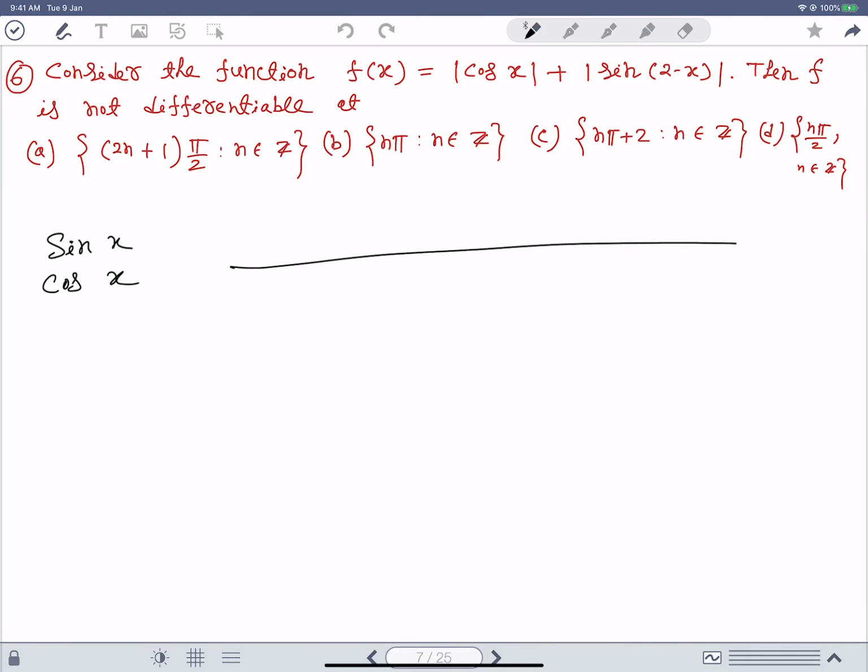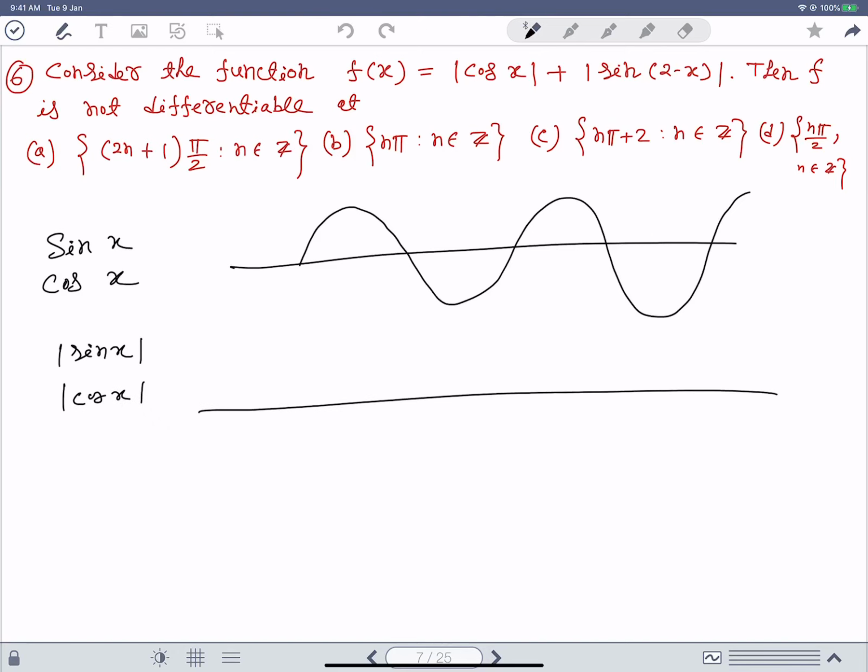We know the graph is of this form, this type of graph. Depending on sin x or cos x, you have some 0, pi, pi by 2 in this way, right? Now, what is mod of sin x and mod of cos x? If you have this graph, then you will have this one.